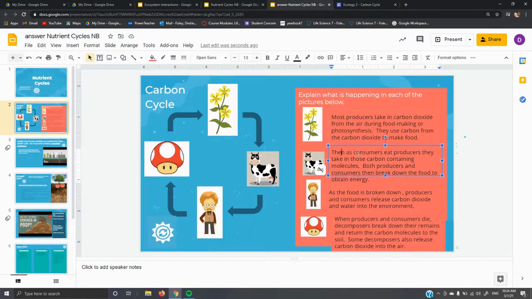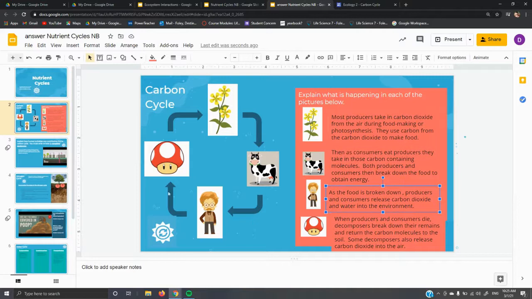Then, as consumers eat producers, they take in the carbon containing molecules, and both producers and consumers break down the food they obtain to energy. As food is broken down, the producers and consumers release carbon dioxide and water in the environment.